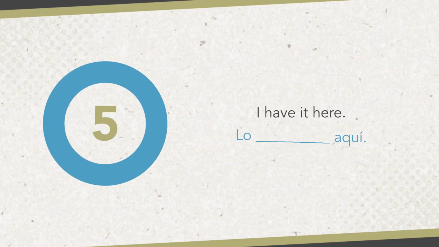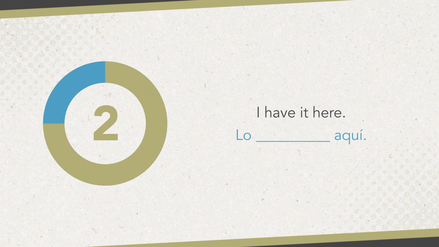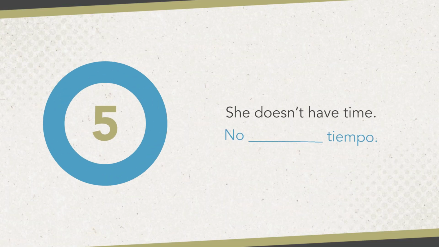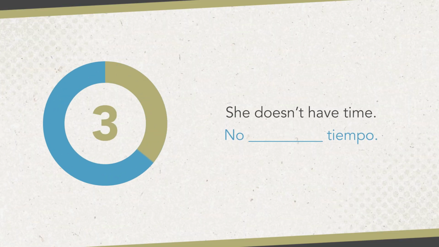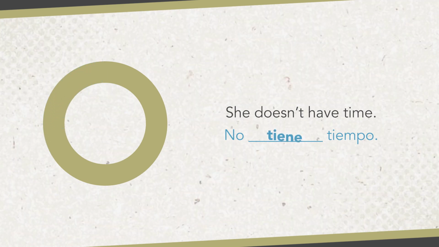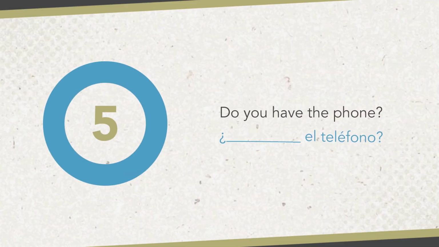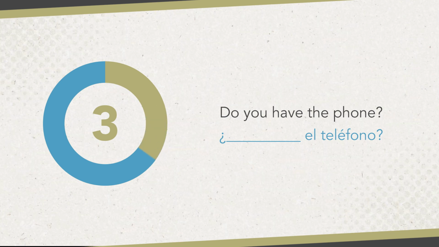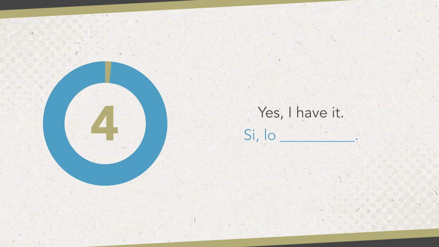I have it here. Lo tengo aquí. She doesn't have time. No tiene tiempo. Do you have the phone? ¿Tienes el teléfono? Yes, I have it.